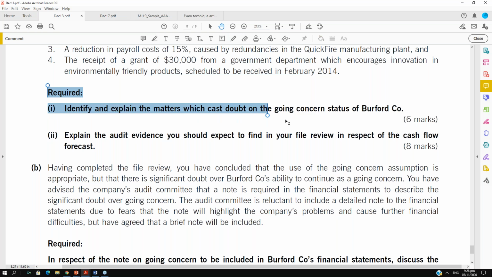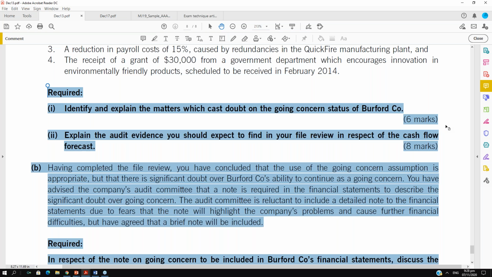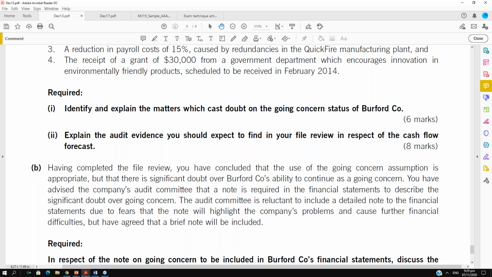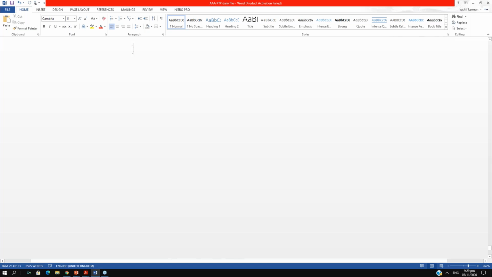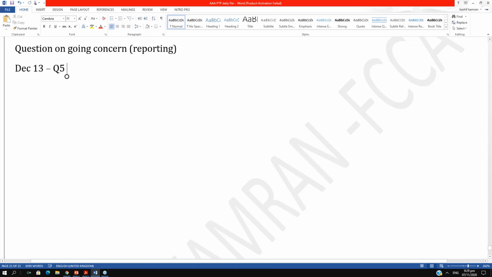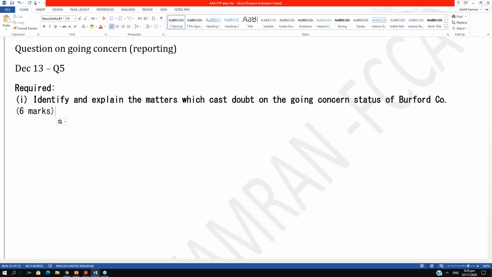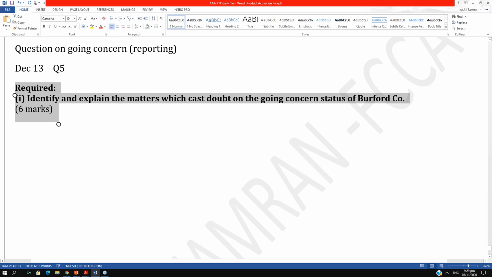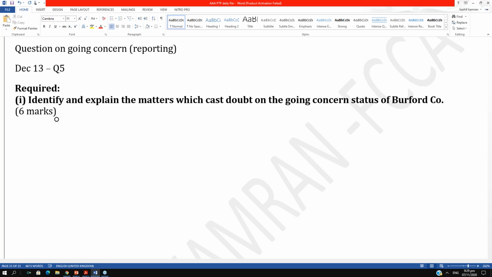Let's copy the requirement and paste it here on my Word file. The examiner is asking us a requirement which I just need to study with you. It says identify and explain the matters. Which matters?